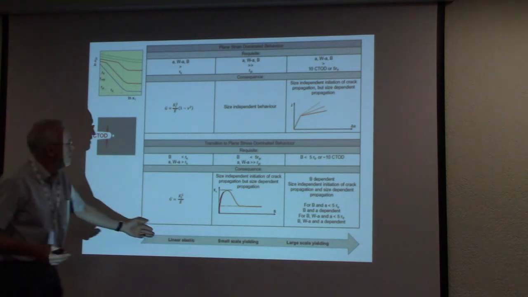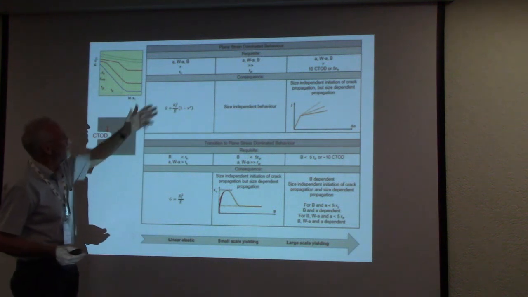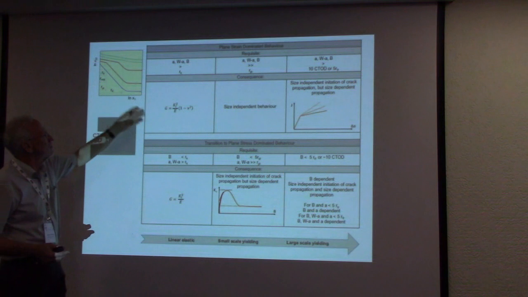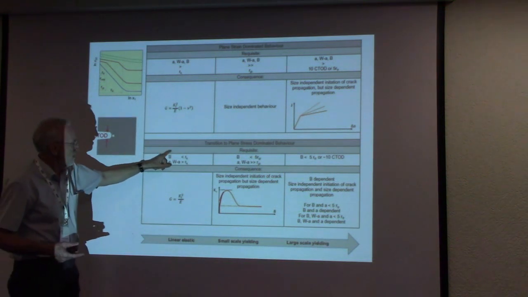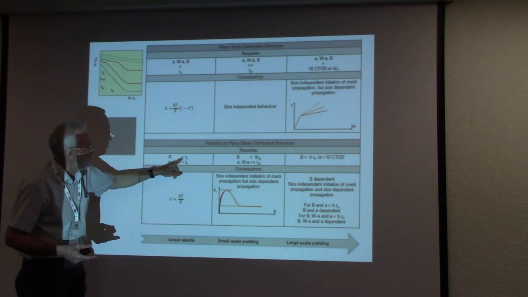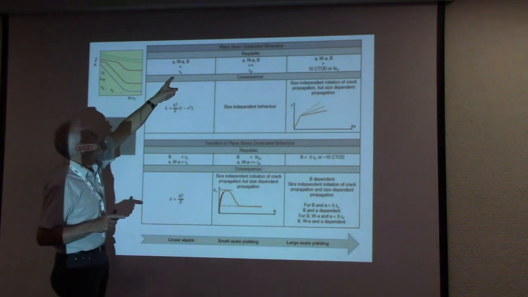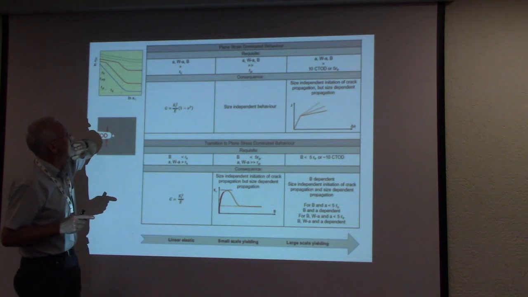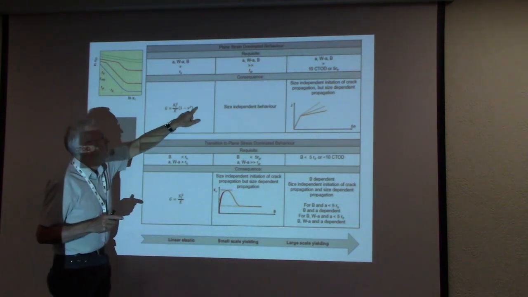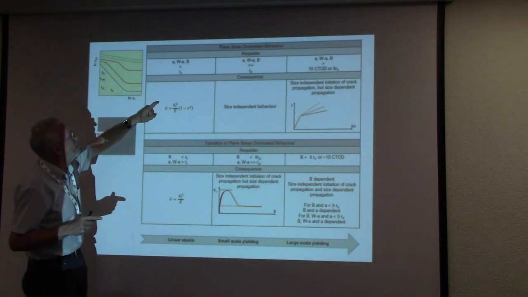In the case of linear elastic, in very small loading, the size effect is extremely small. If the thickness is smaller than the size of the K-dominated zone, then you have the plane strain case.